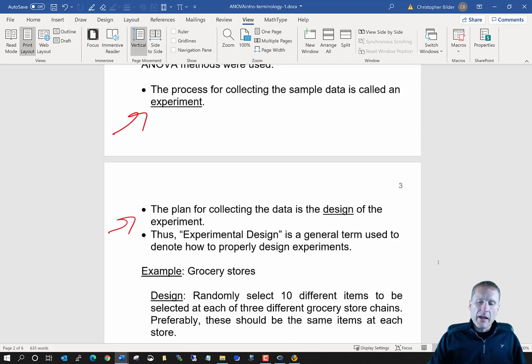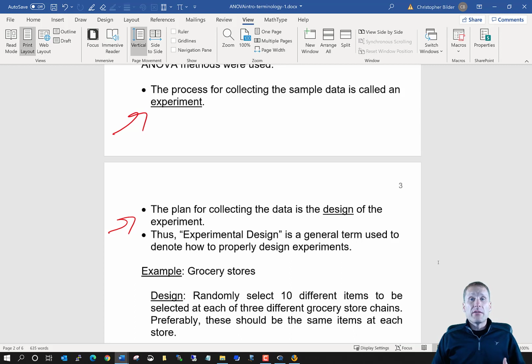Now, the plan for collecting the data is called the design of the experiment. So, for example, should I apply different varieties to one piece of land versus another piece of land, and so on. For this reason, experimental design is a very important component of statistics.